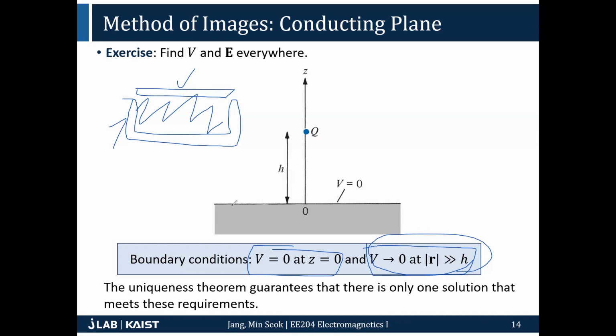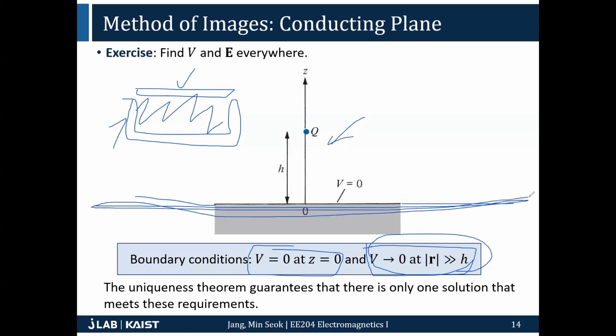And here, one complication of this type of problem is that we have an open boundary. One boundary is the bottom boundary, but the other boundary is free space, right? In this case, there is a possibility that you do funny things in the infinitely far away region.